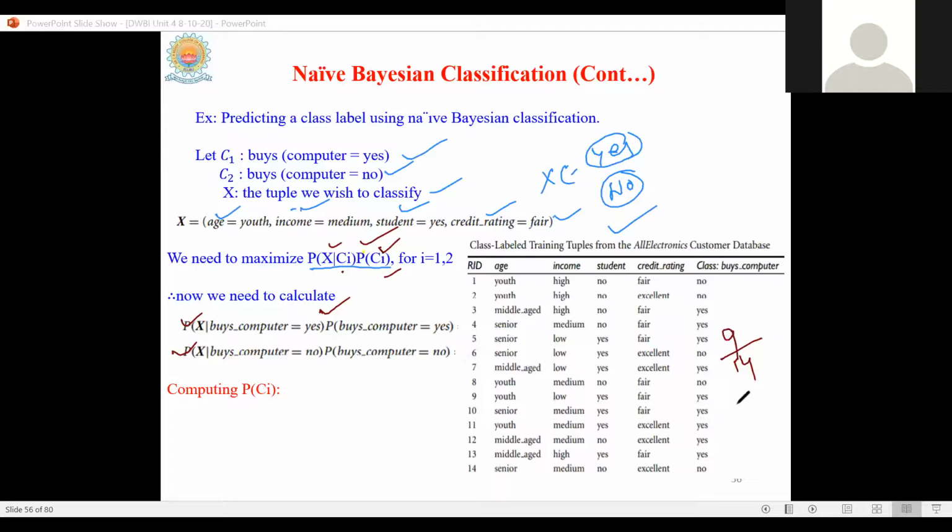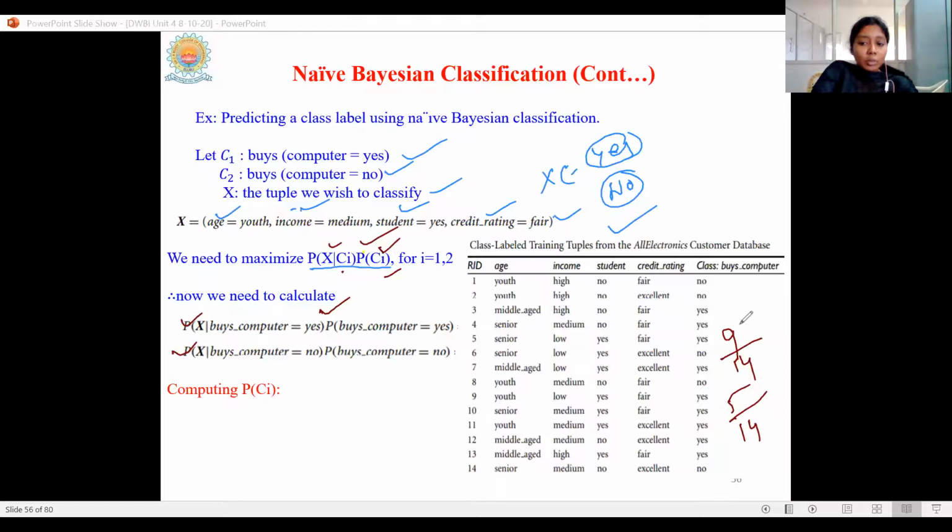Yes, 9 is yes, 5 is no. So 9 by 14 is the value for P(C1), because we are dividing the task into two parts. We need to calculate this for both the classes, yes and no. It is a little simple, right?